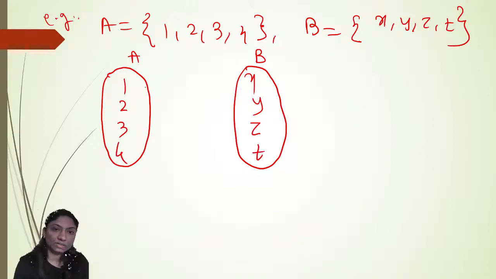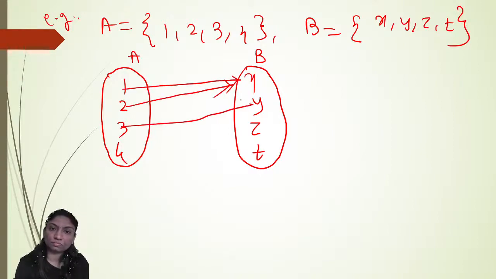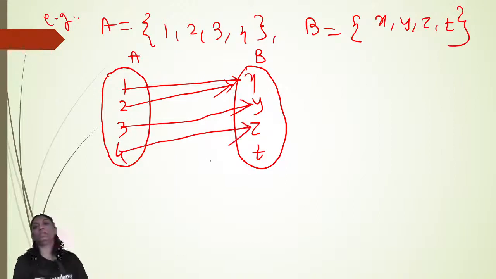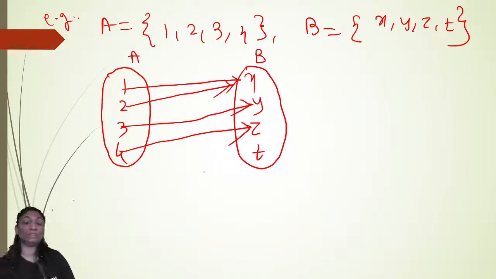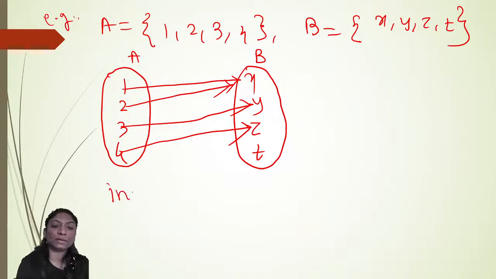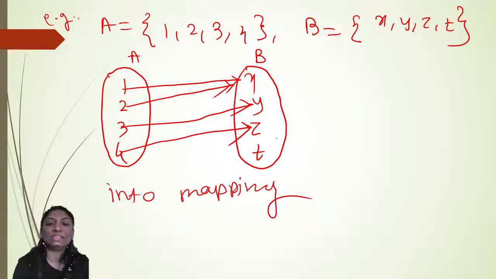So every element has. This is called an into mapping. So one element is left here, at least one element, more than one element also can be left. So this is into mapping, right? As there does not exist any pre-image of T in A. So this is your into mapping.